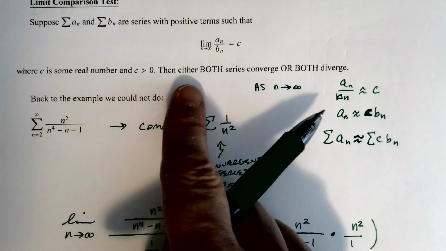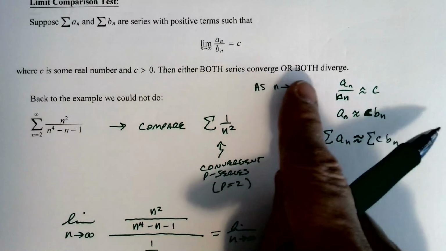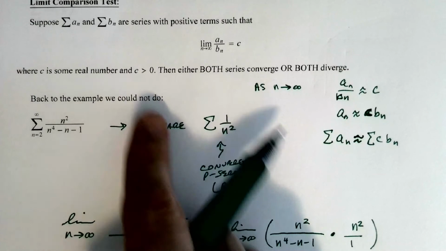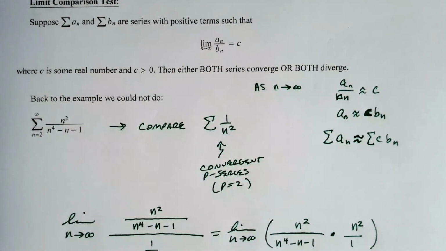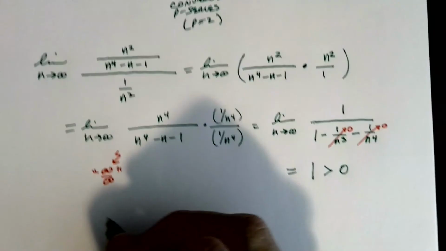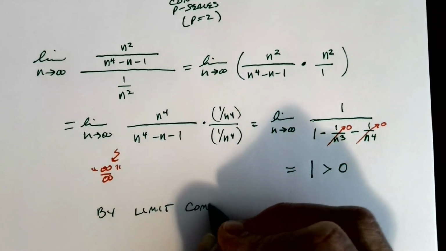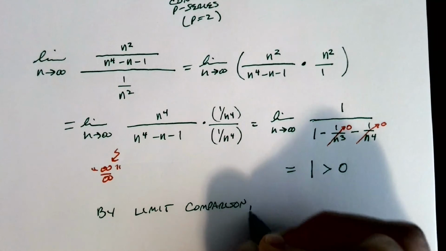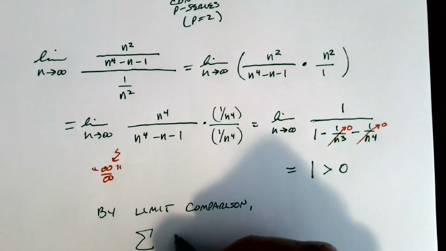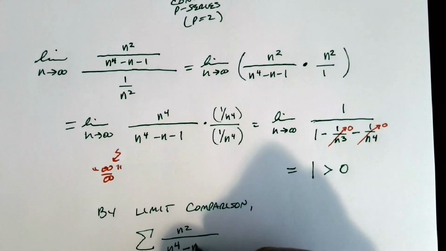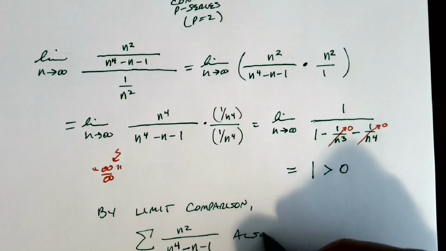If it is, then both series converge or both diverge. Since this one converges, and this limit c is greater than 0, our series also converges. So I can say by limit comparison, the series n squared over n to the 4th minus n minus 1 also converges.